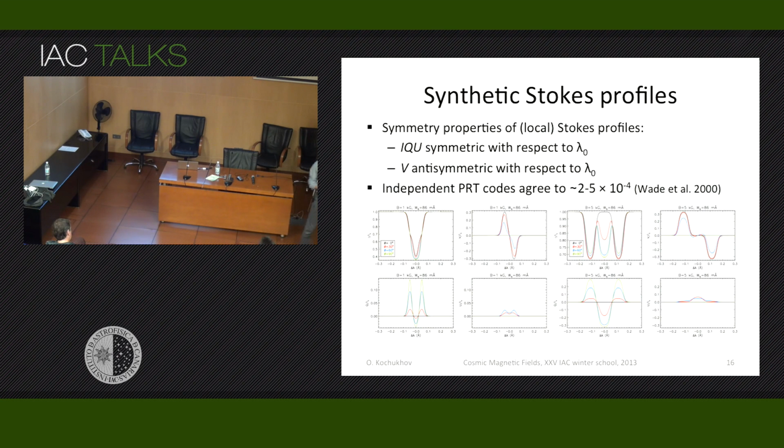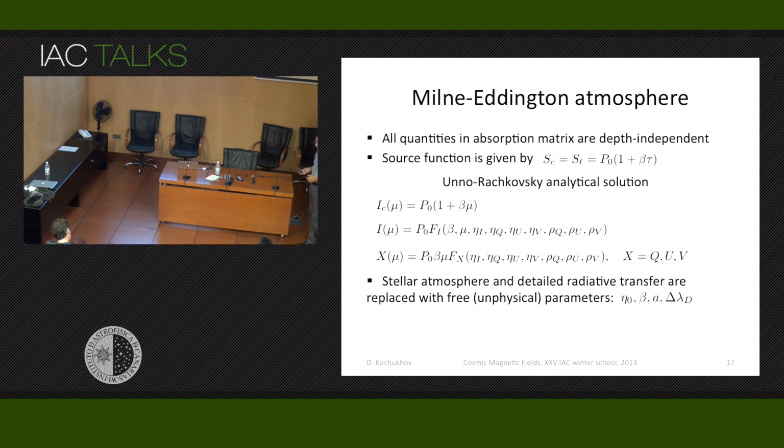The residual differences seem to come from some deep atomic data built into the code, nothing to do with polarized radiative transfer, things like partition functions and ionization potentials. So the message here is that we can achieve a very good agreement in independent polarized radiative transfer calculations.